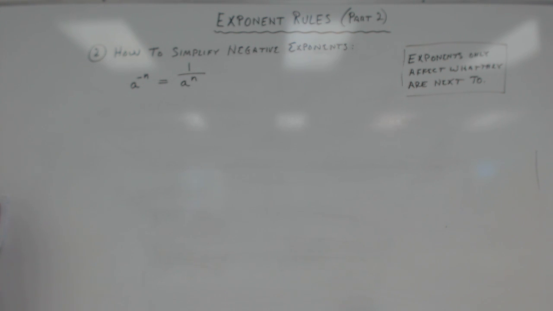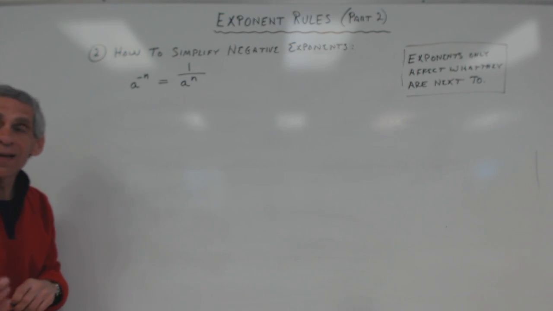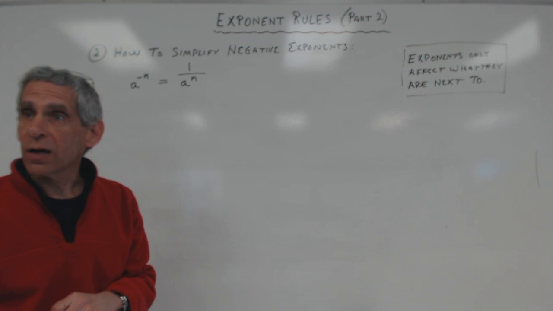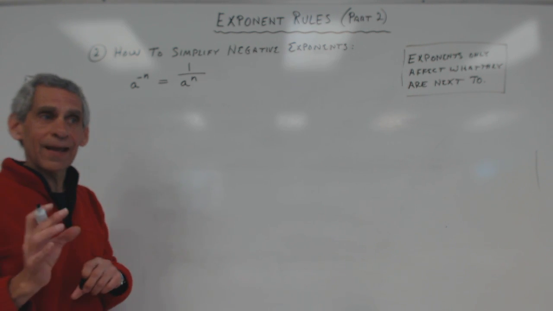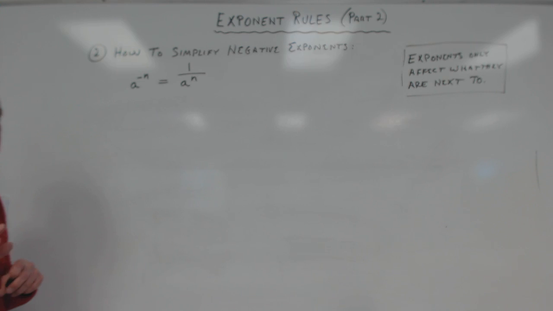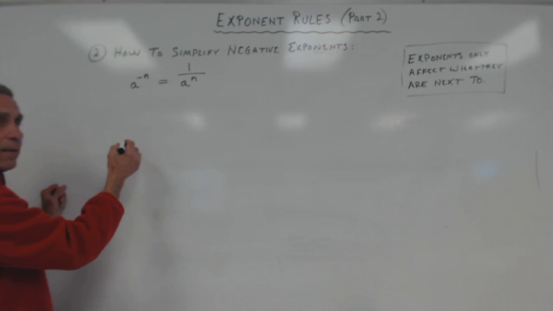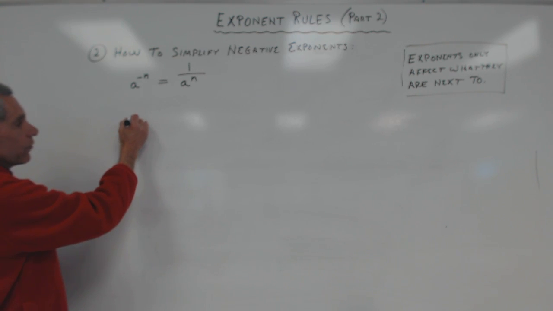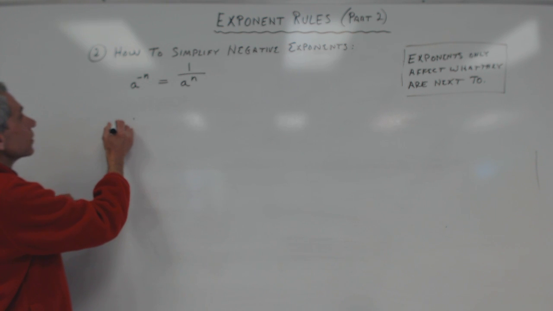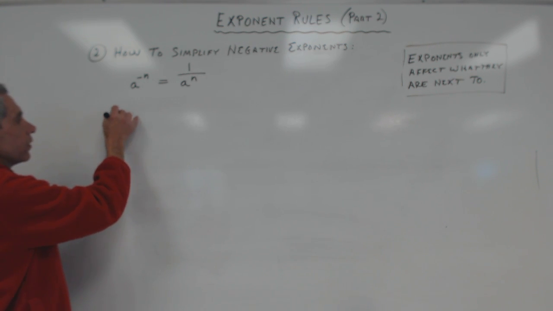Now that's weird. A to the negative n is equal to 1 over a to the positive n. Now it's not that hard. Once you get it, you're going to find it's pretty easy. What if I asked you to simplify this? So this will be my letter a.